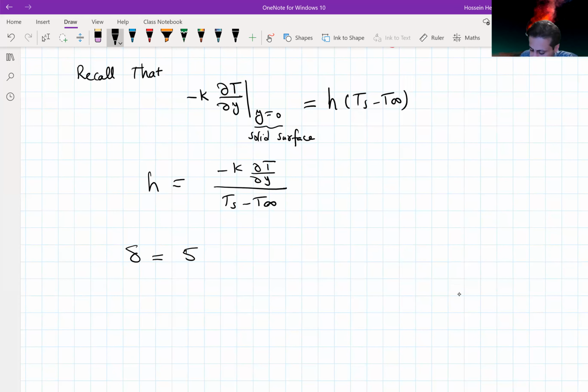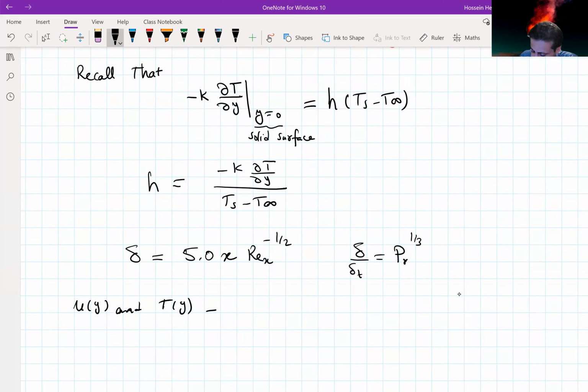As a review, it was 5 x Reynolds of x to the power of minus 0.5. And the thermal boundary layer thickness is related to the velocity boundary layer thickness, the ratio being the Prandtl number to the power of 1/3.